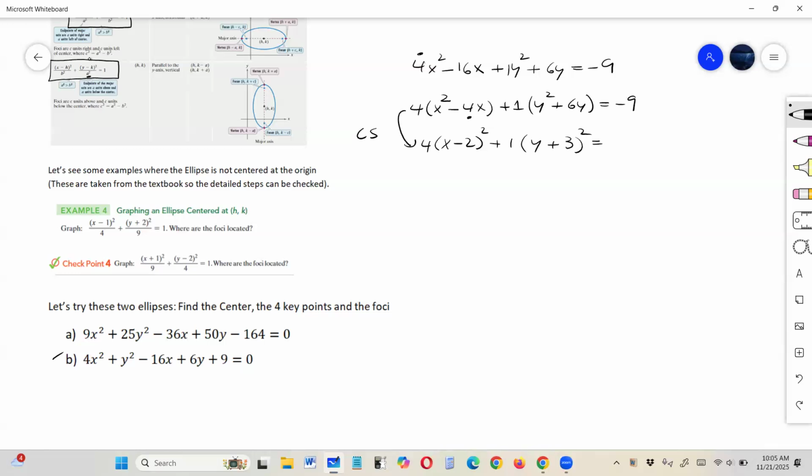Y plus 3 squared minus 9. And here I will write the adjustment, which is on the x component, -2 squared, 4 times 4, 16. And 3 squared, 9 times 1, 9. All right, so now I write it, combine the numbers.